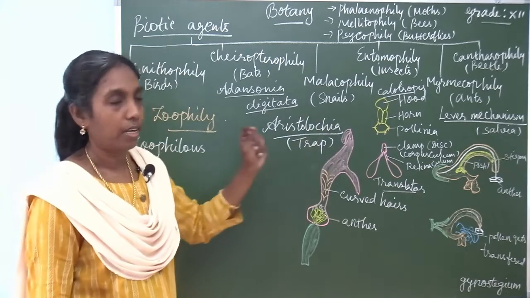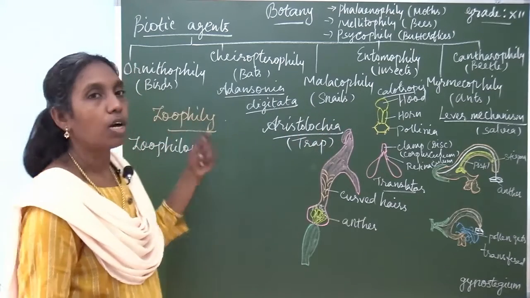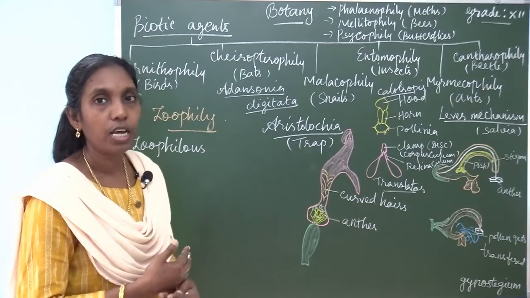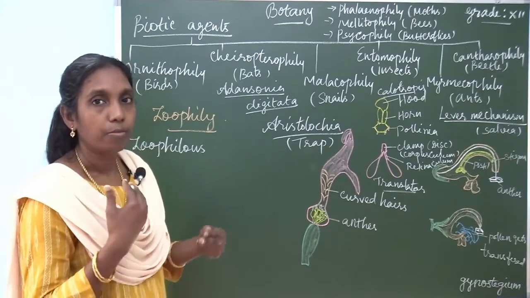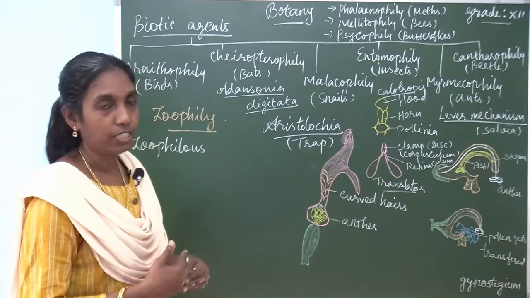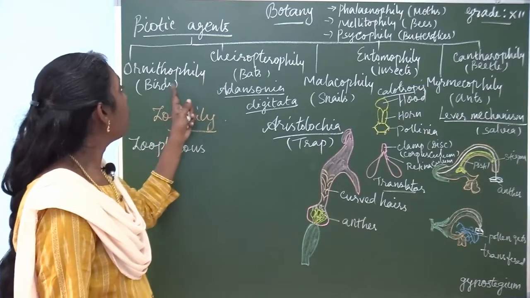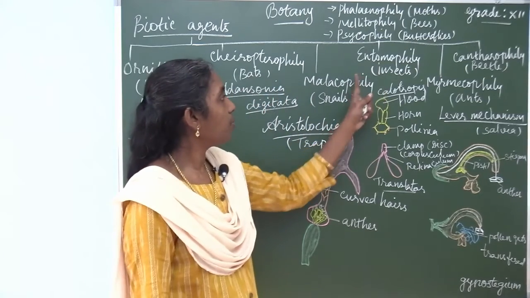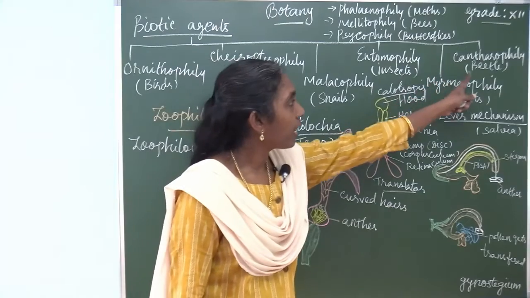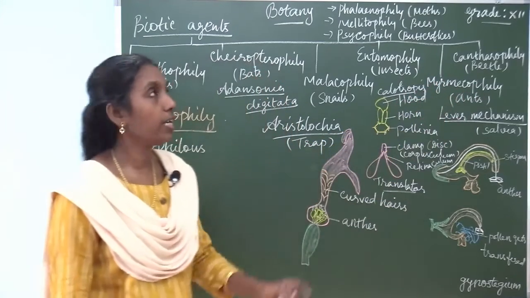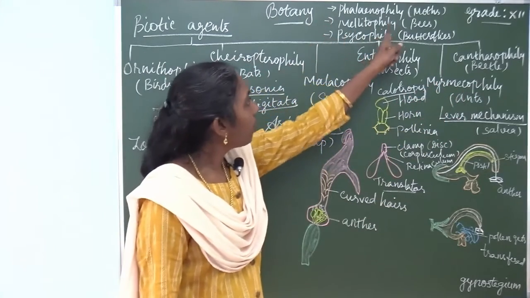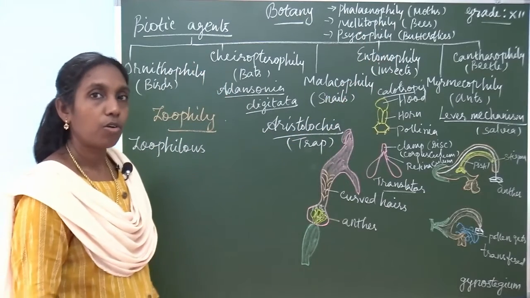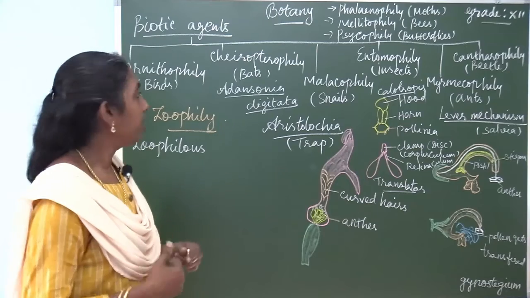Which animals are involved in effective pollination? They are classified into ornithophily, chiropterophily, entomophily, malacophily, cantharophily, myrmecophily, phalaenophily, melittophily and psychophily.